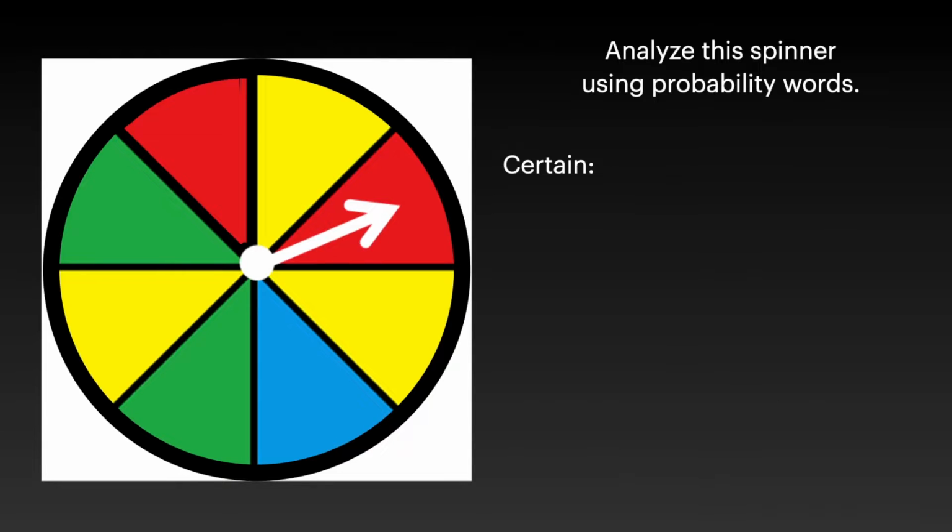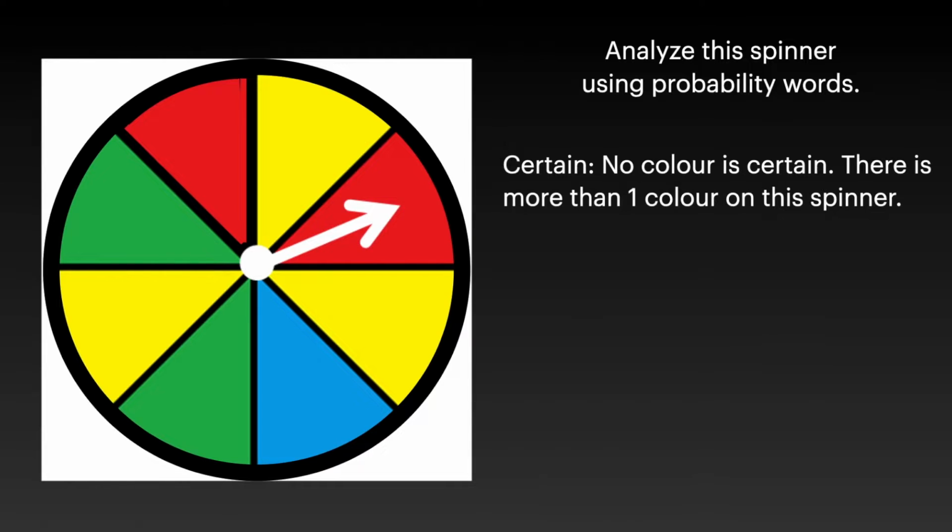Well, if I were to spin this spinner, I could land on red, yellow, green, or blue. I'm not actually certain to land on any specific color. So no color is certain, since there is more than one color on this spinner. If the spinner was just one color, then I would be certain to land on that color.